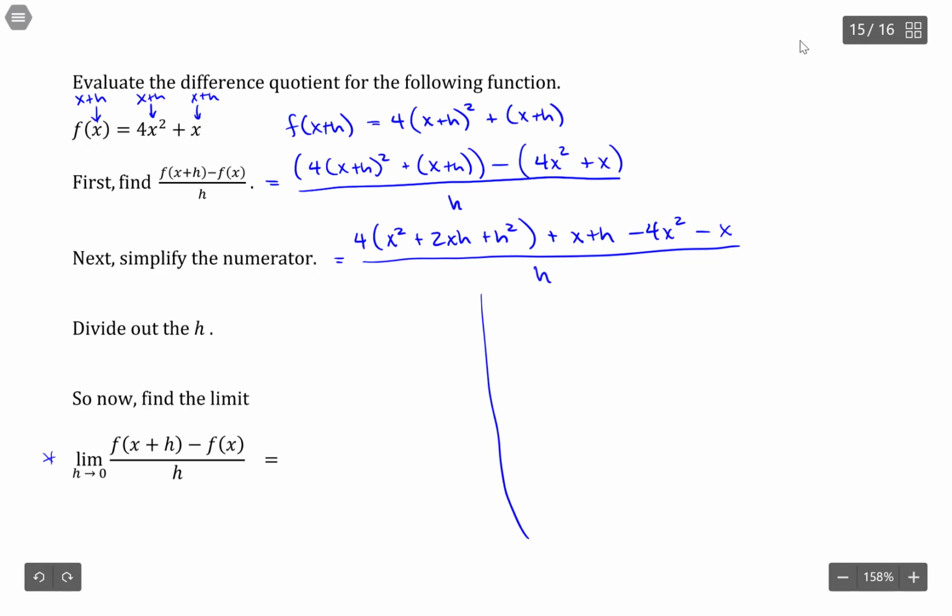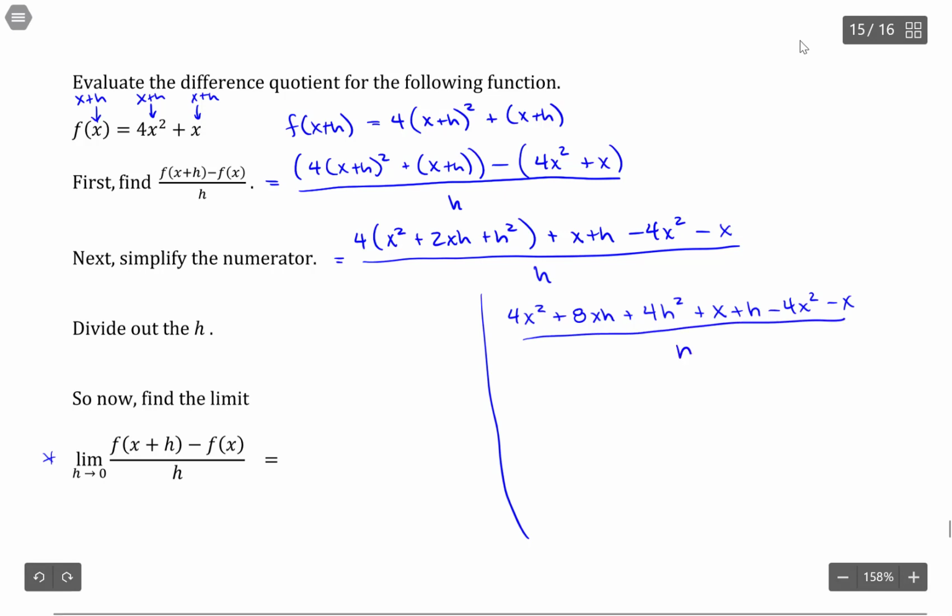I think I will kind of separate here just a bit though. So that will give me, I can distribute this 4, and I will have 4x squared plus 8xh plus 4h squared plus x plus h minus 4x squared minus x all over h. And let's see, negative x, positive x will cancel.